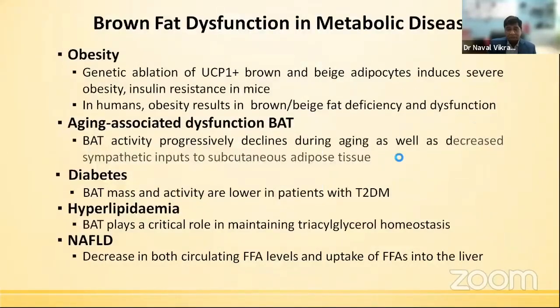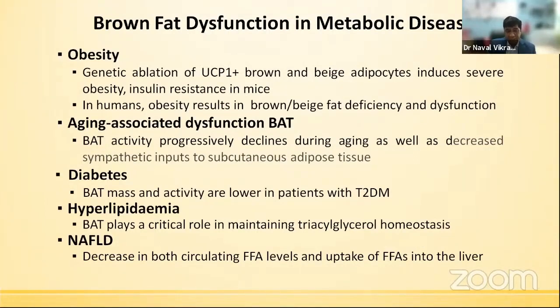Now, we have seen that the brown adipocyte has several metabolic functions, and in animal studies it has been seen that dysfunction of this adipocyte can lead to metabolic diseases such as obesity. It's been seen that ablation of the uncoupling protein 1 adipocytes induces severe obesity and insulin resistance.